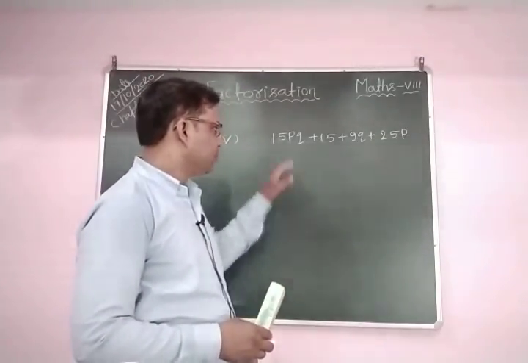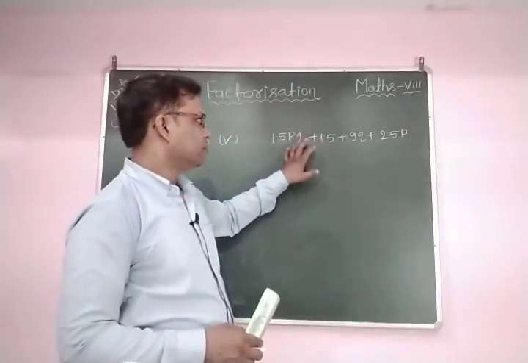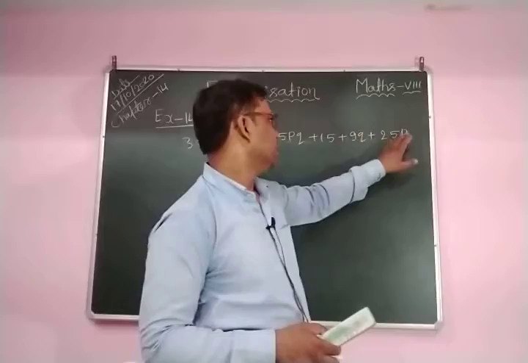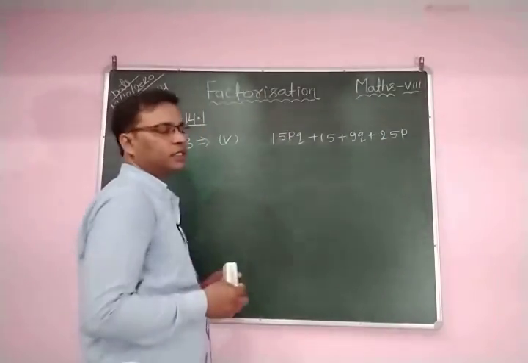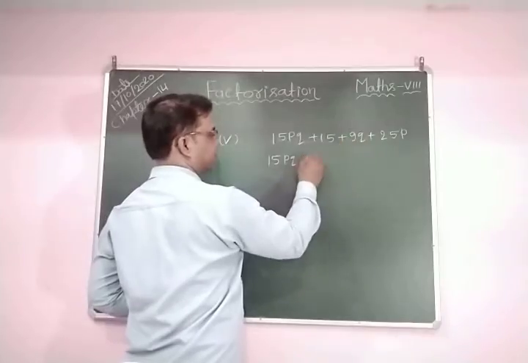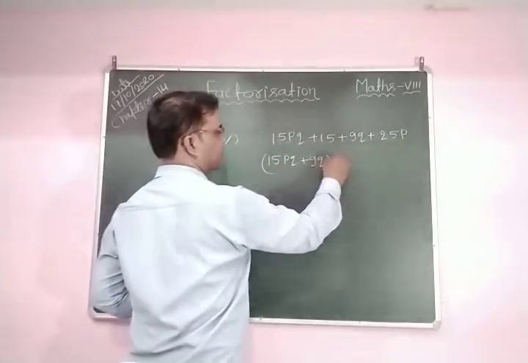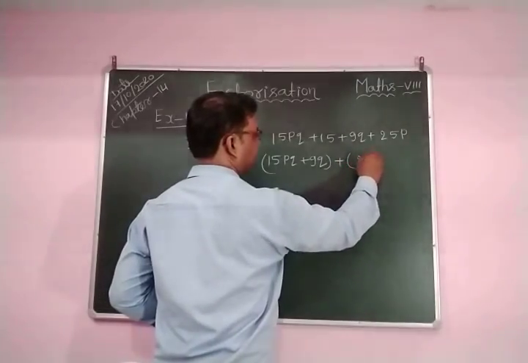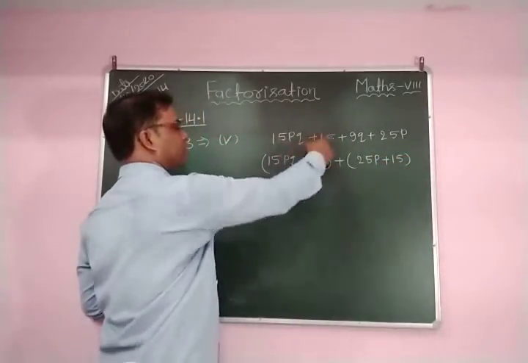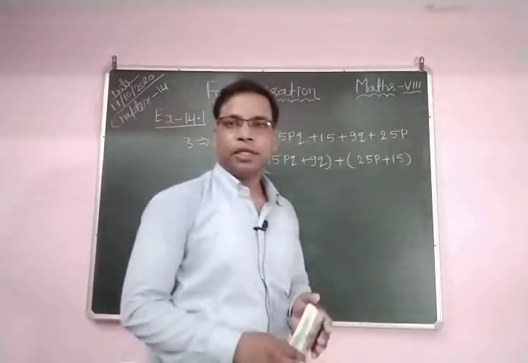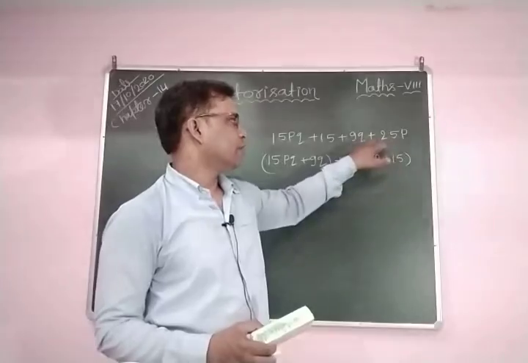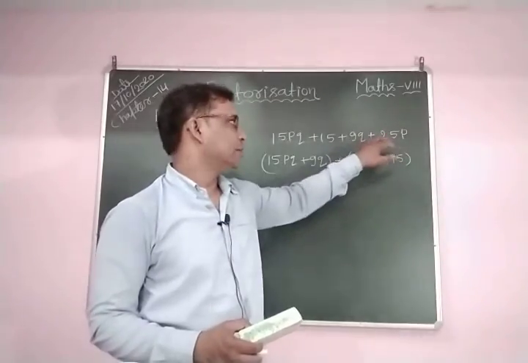So first we do grouping. If you group the first and second terms, and the third and fourth terms, we can't find the factors of this algebraic expression, because we can't find anything common between them except one.